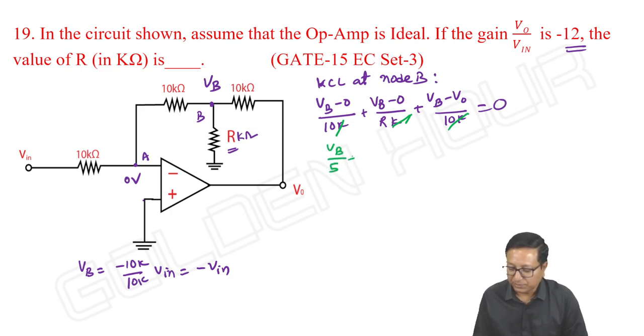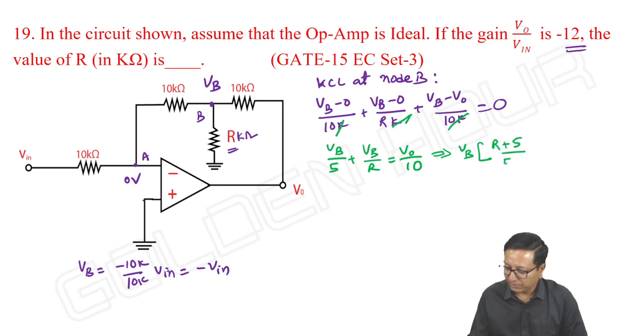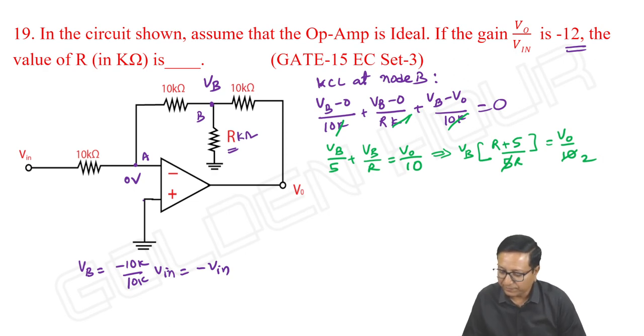So, VB into R plus 5 by 5R is equal to V output by 10. Anyway, 5 twos we can write. Okay, but what is VB?